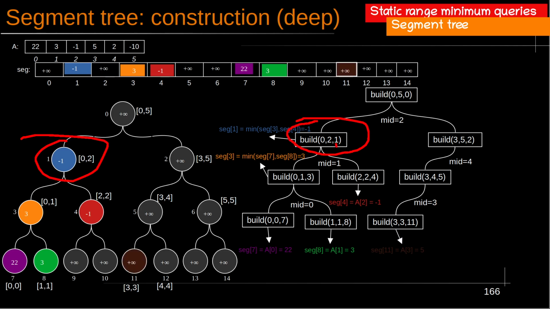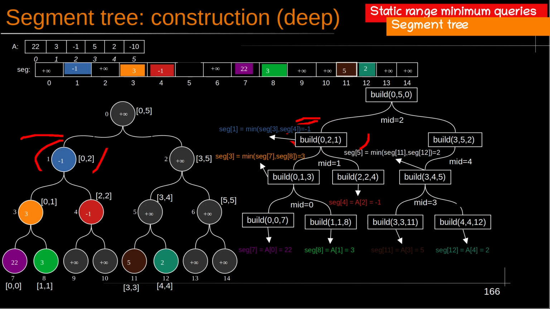We have a leaf here, so seg of 11 is equal to A3, which is equal to 5. See here. The right side for that node, from 4 to 4, seg of 12 is equal to A4, which is equal to 2.